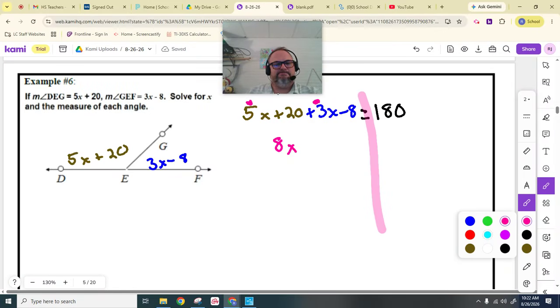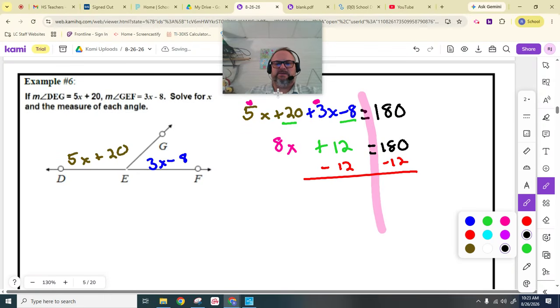Now, 20 plus 12, minus 12. Minus 12. So now we have 8x equals 180 minus 12, 168.